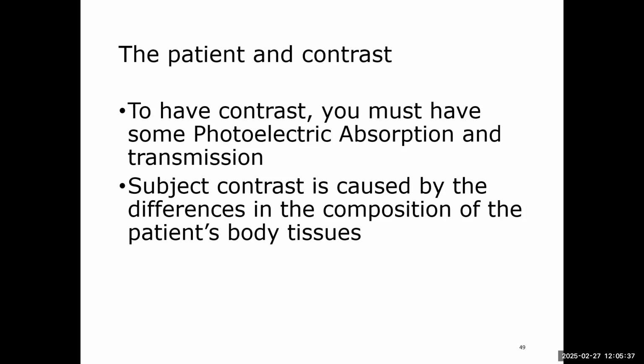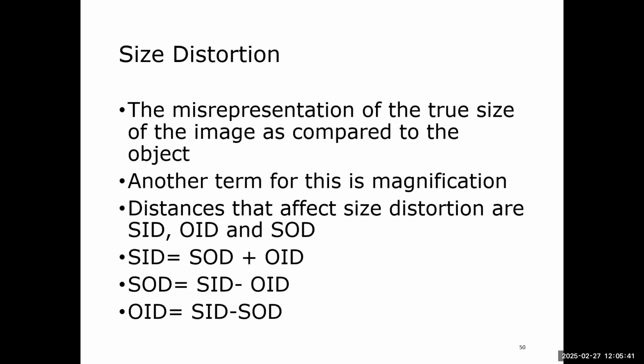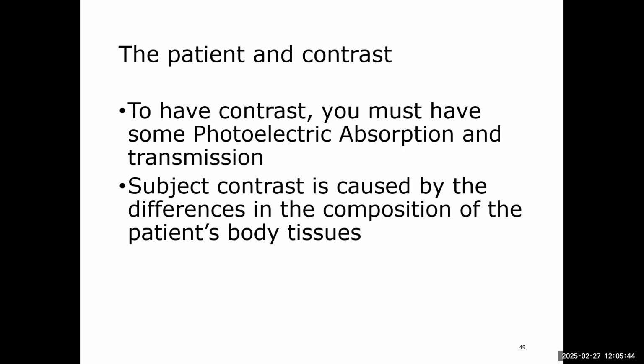Subject contrast is caused by the difference in the composition of the patient's body tissues. So again, it goes back to things like the thickness of the part, or the average atomic number of the part, or how densely packed the atoms are together as to whether or not you get a photoelectric interaction.